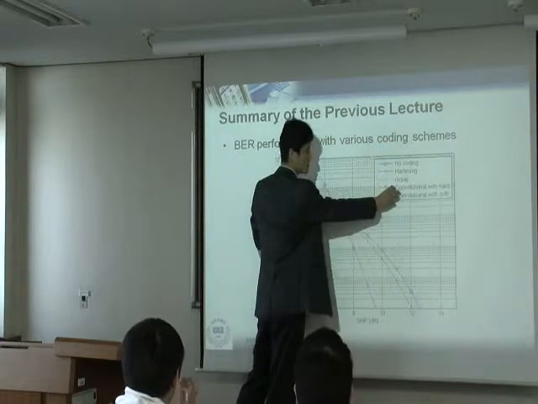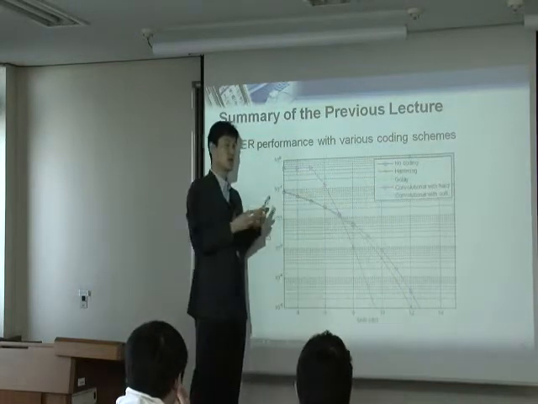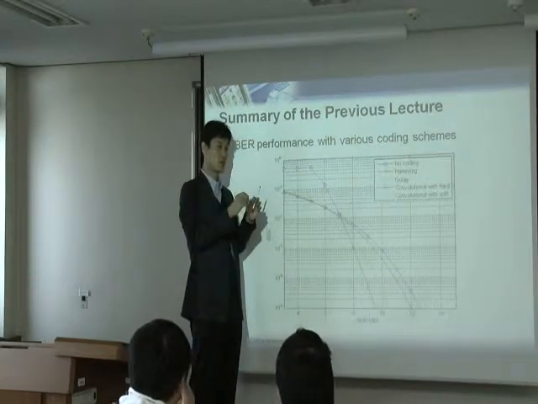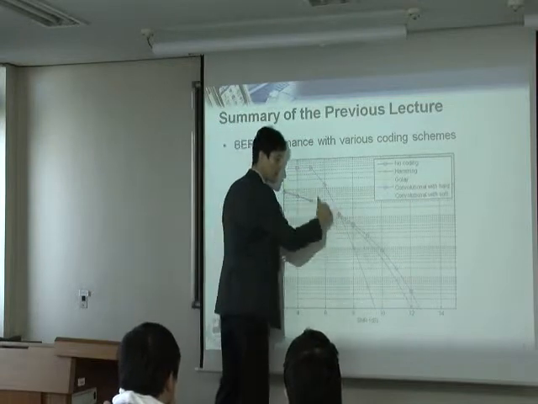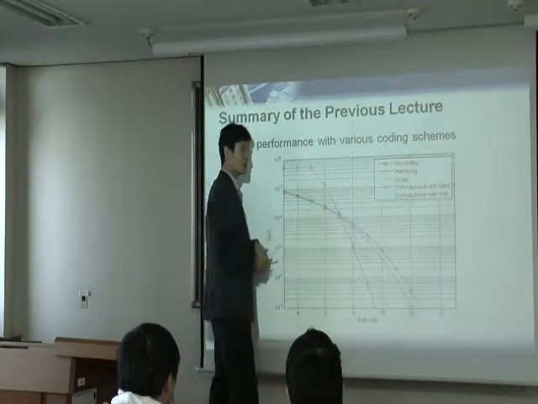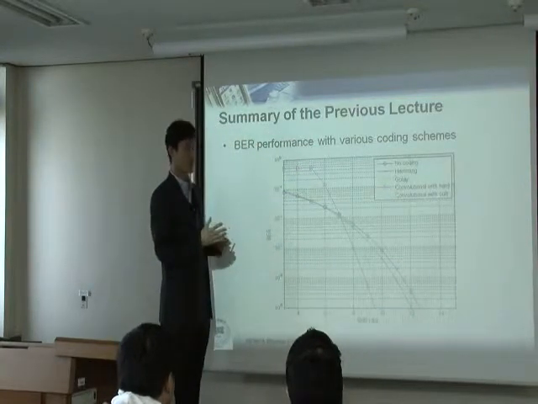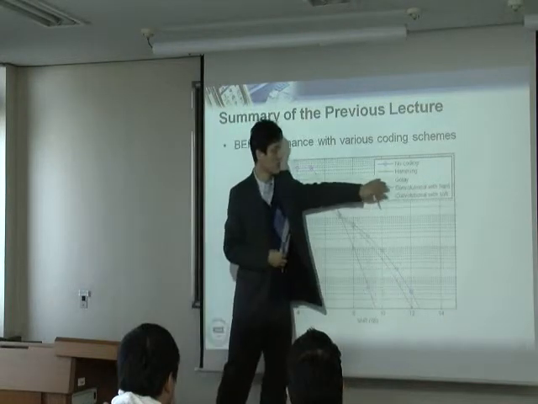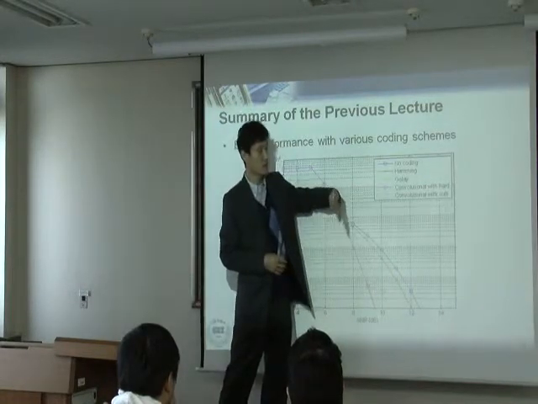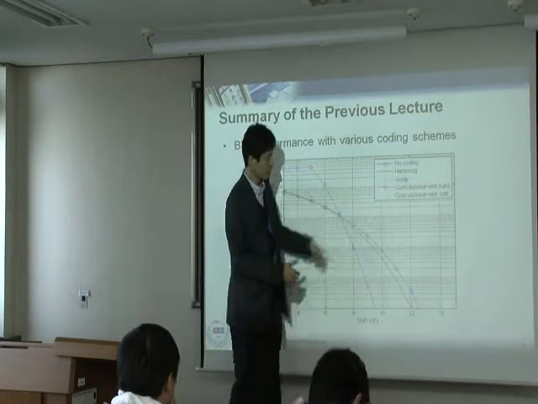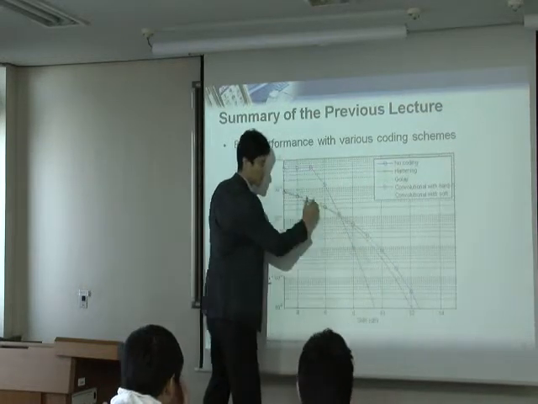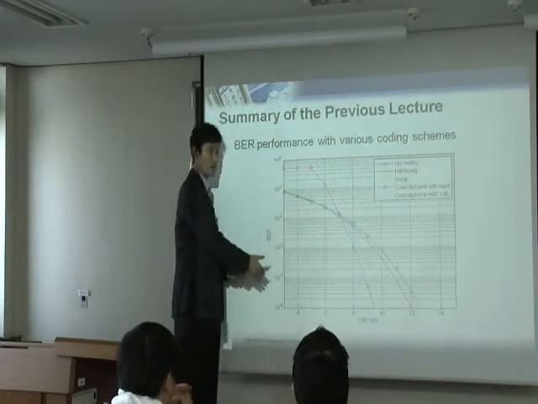But still, inside the convolutional coding, you have a parameter which you change to get another performance. So that's how you play. You use only convolutional coding, and by changing the parameter to different values, you can make different curves.